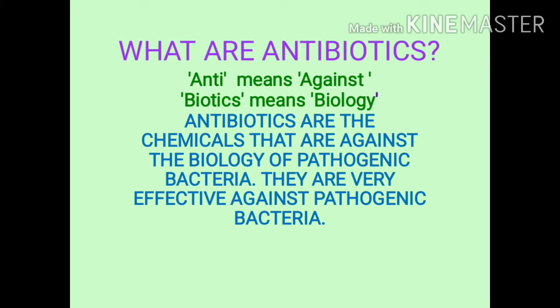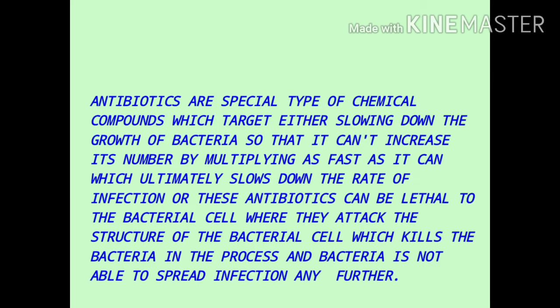Children, these antibiotics are very effective against pathogenic bacteria. These are a special type of chemical compounds which target either slowing down the growth of bacteria so that it can't increase its number by multiplying as fast as it can. Ultimately, what happens?